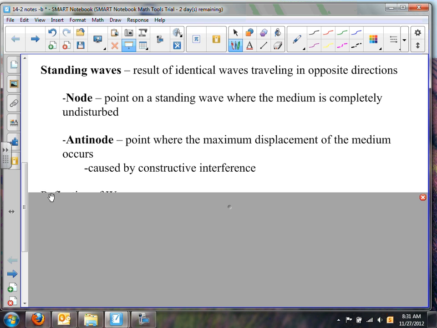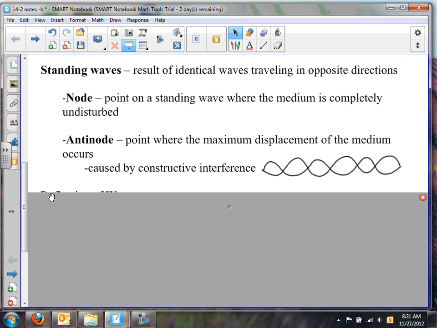Standing waves kind of look like this. You have a wave like such and it hit a barrier and got reflected. It's going to reflect like this. All the places in red would be where your nodes are.